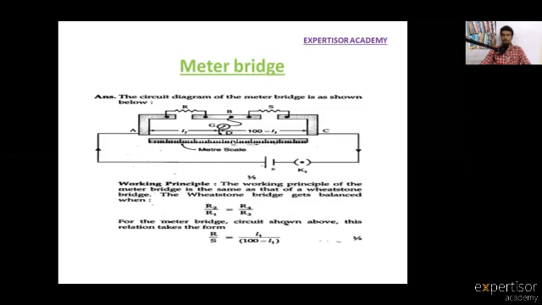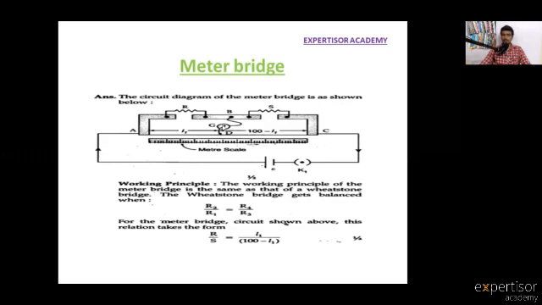During this process, at one point of the magnet wire, it gives a current value in the galvanometer equal to 0.